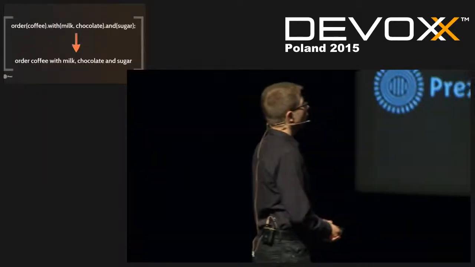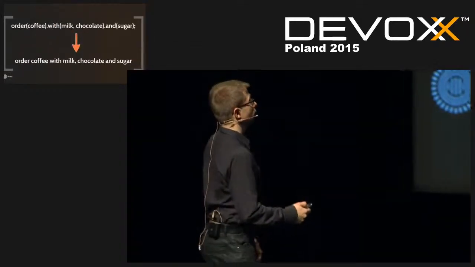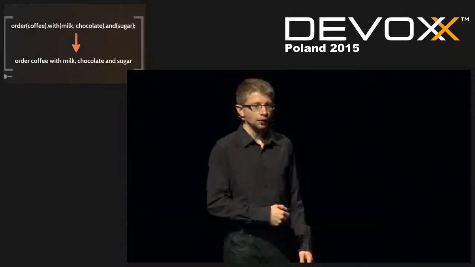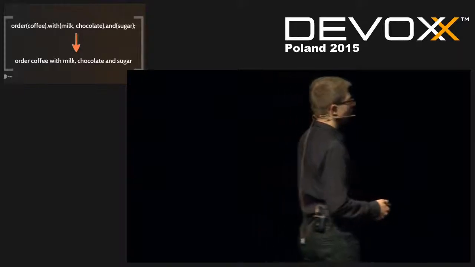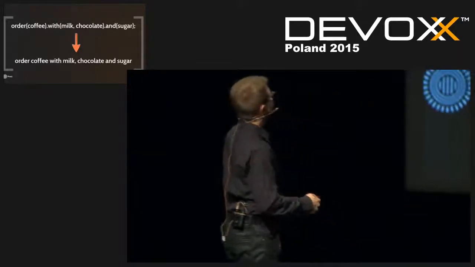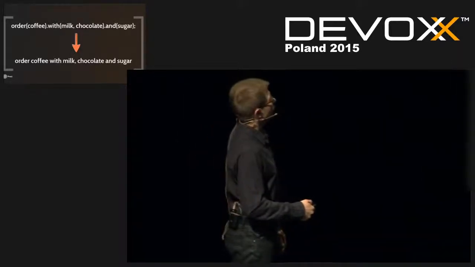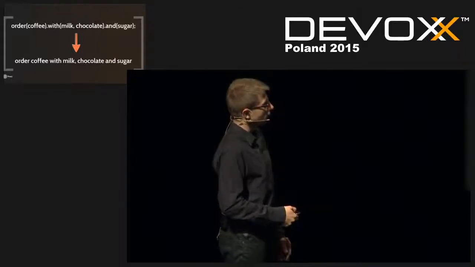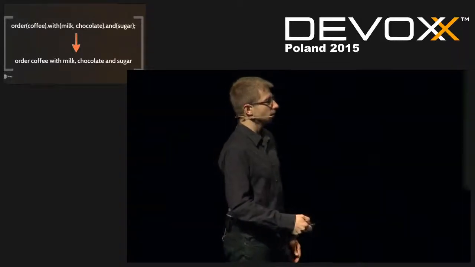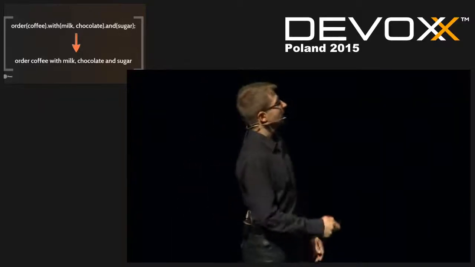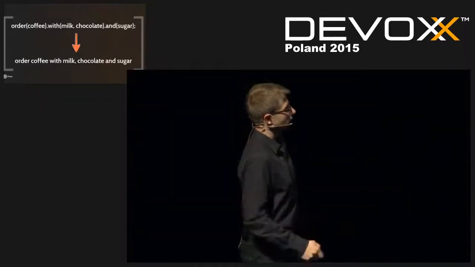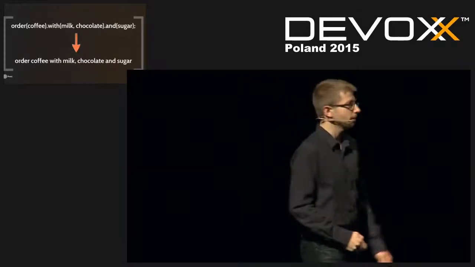One example could be that invocation from Java. This is also valid Groovy code, but thanks to Groovy's optional syntax, we can rewrite it using that. So we have the method order with a parameter, then another method chained with 2 parameters, another method, and 1 additional parameter. That's just the syntax, but a huge difference in readability.